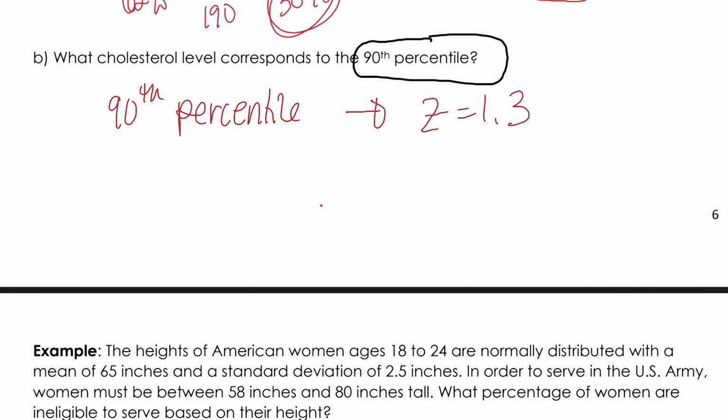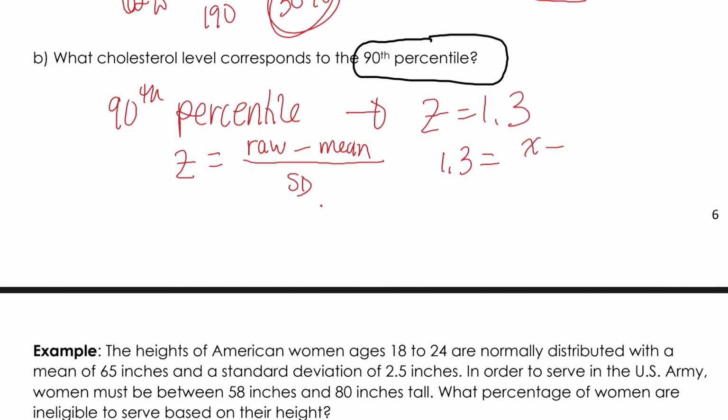So working backwards, we can figure out what that cholesterol is. Remember, we have that formula. Our z-score is equal to the raw score minus the mean divided by the standard deviation. So if I have a z of 1.3, I'm going to plug that into my formula. I don't know what the raw score is, what my cholesterol level is. That's what I'm looking for, so I'll call that x.